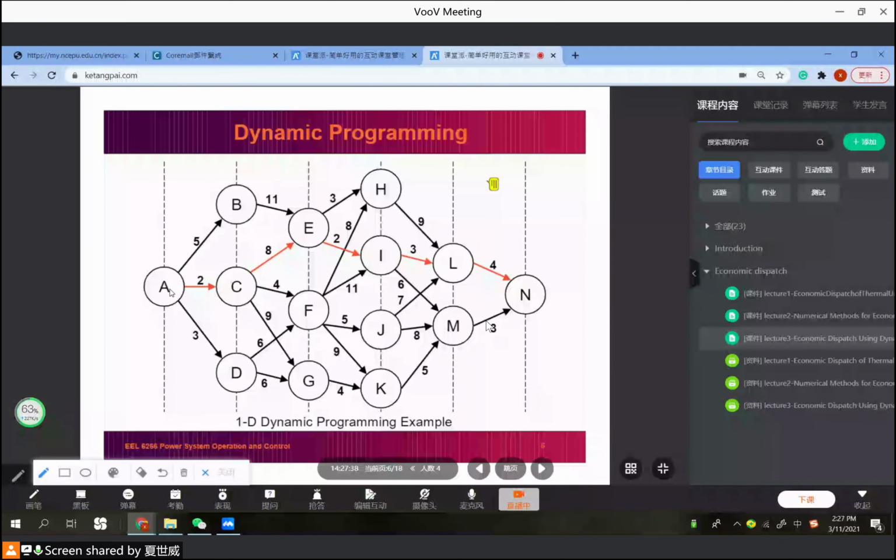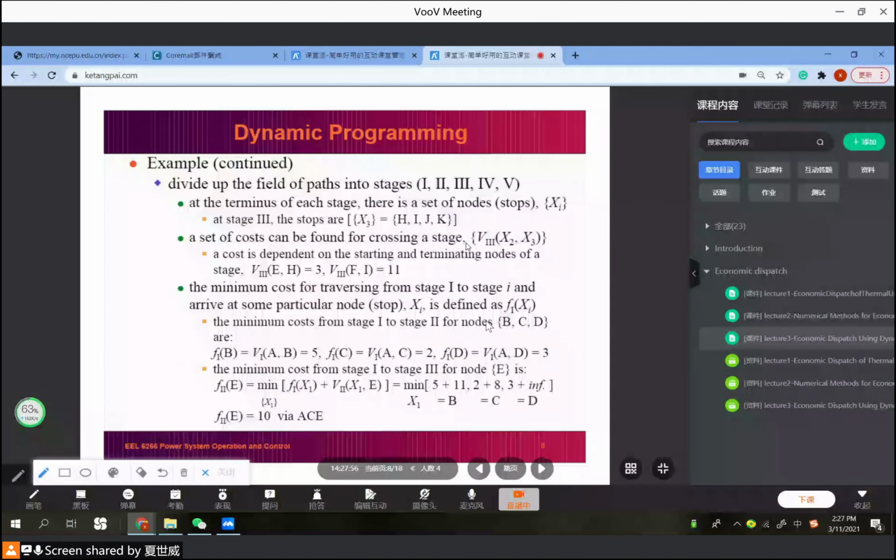For example, if you travel from A to the first stage, you can stop at B, C, or D. So for each stage, there are different stops. Also for stage 3, you see there are different stops: H, I, J, K. These are different stops or different points. Okay. So at the terminal of each stage, there's a set of nodes or stops or points. So at stage 3, the stops are H, I, J, K.